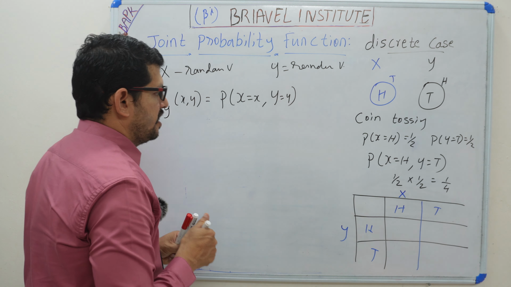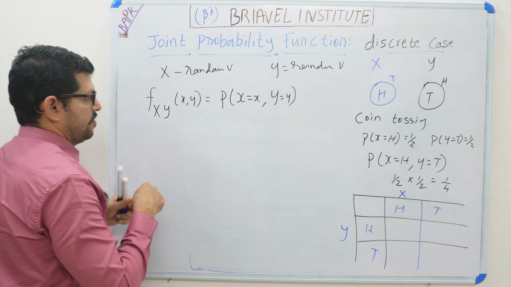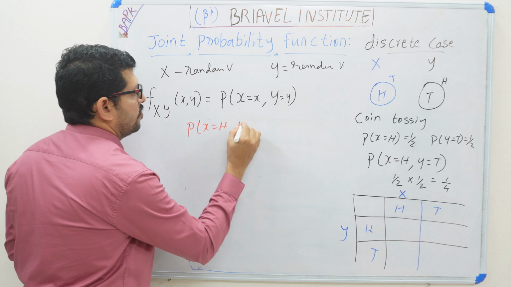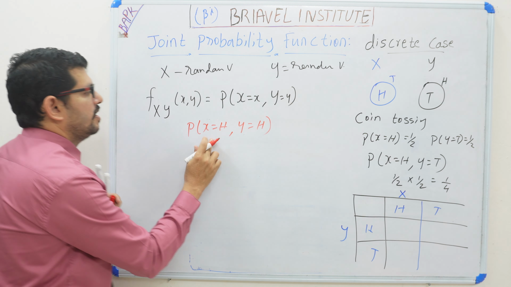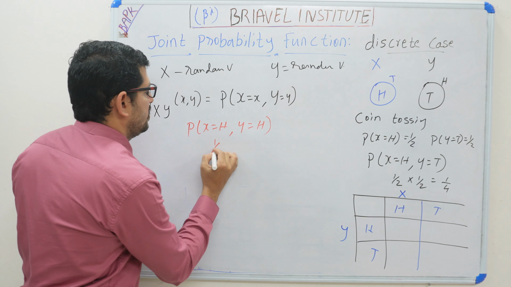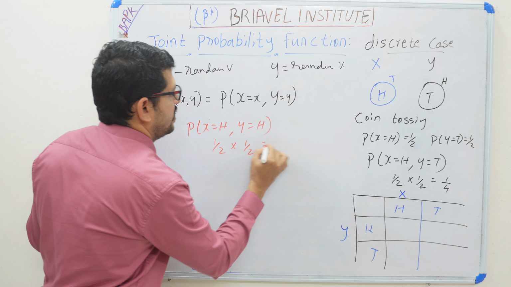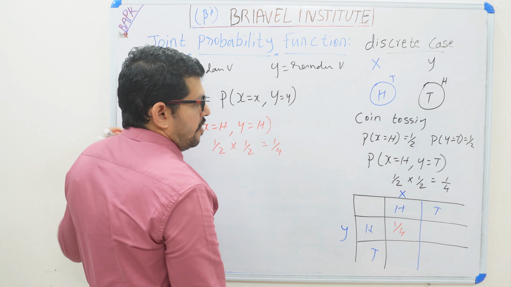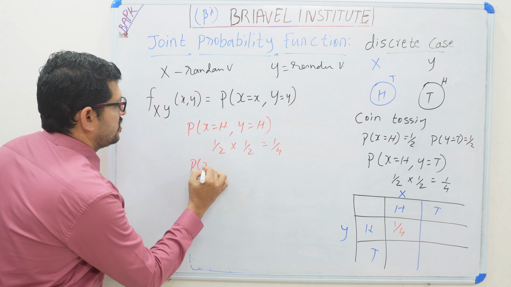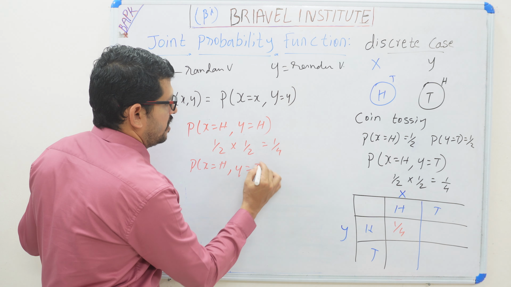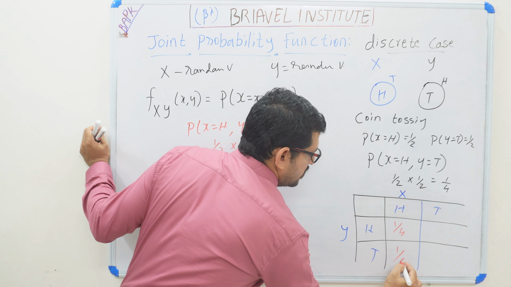I have a chance of probability of x is equal to head and y is equal to head. Both have the head. If this is getting head and this is also getting head, this is 1 by 2 chance, this is 1 by 2 chance, which is 1 by 4. So my probability is 1 by 4. I have a chance of probability of x is equal to head and y is equal to tail. So this also probability is equal to 1 by 4.